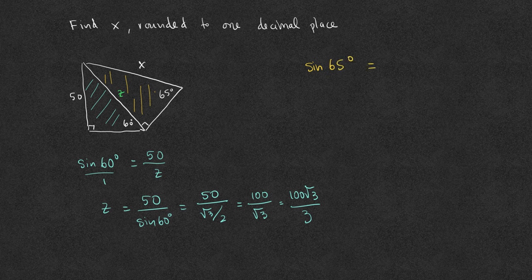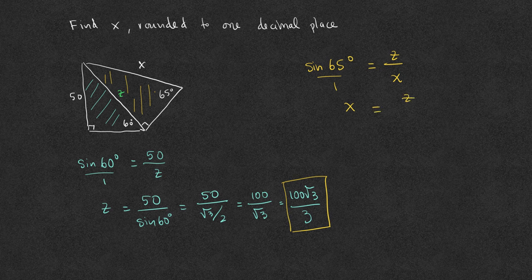Sine of 65 degrees this time is the opposite z over the hypotenuse x. But we found z. z is 100 root 3 over 3. But before we plug in z, we will go ahead and isolate x for now.